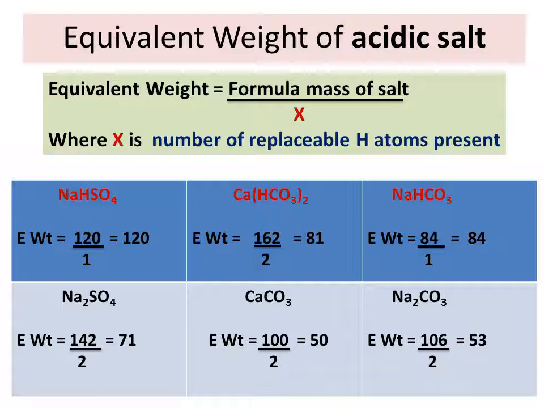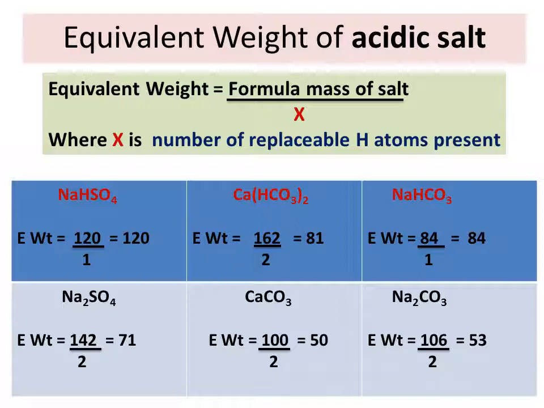The formula is Na2SO4. There is no replaceable hydrogen, so here we have to apply the previous formula, that is, the total number of positive charges. The total number of positive charges is 2, and the formula weight is 142. So 142 upon 2 comes out to be 71. This is the difference between an acidic salt and a neutral salt, as you can see here.